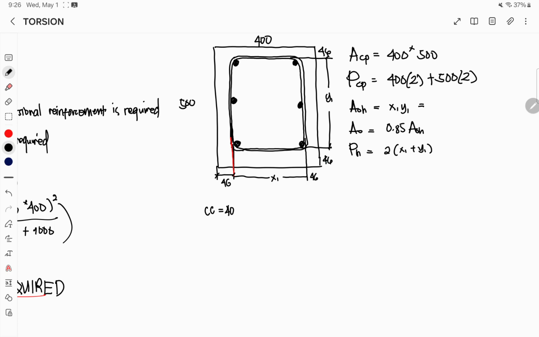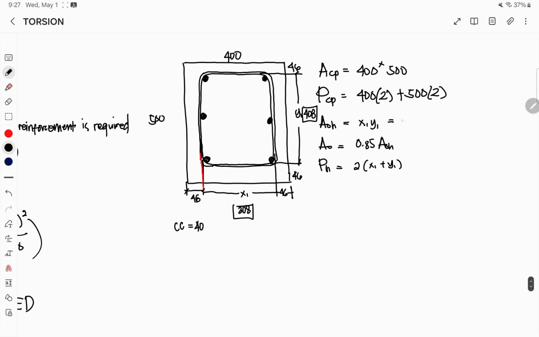To get the value of x1, we have 400 minus 46 times 2, which is 308. And for y1, we have 408.